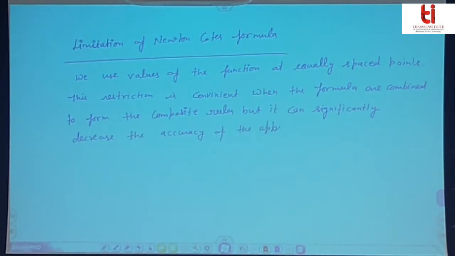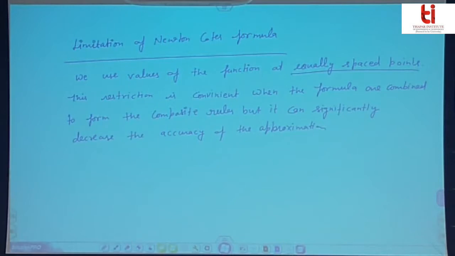What does it mean? In the Newton-Cotes formula, the restriction is that we have to use equally spaced points, because all the subintervals should be equal in length. But whenever we are using a composite rule, then it is okay. But it can decrease the accuracy of the approximation. Why?